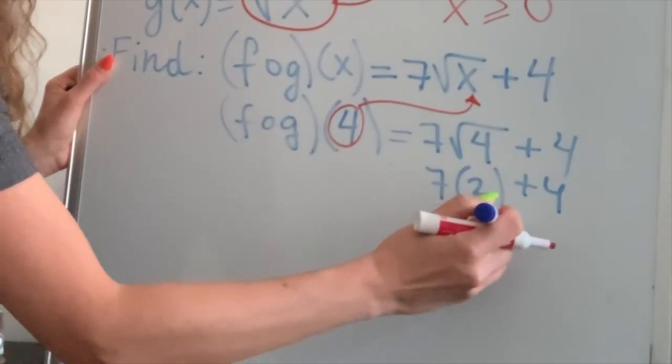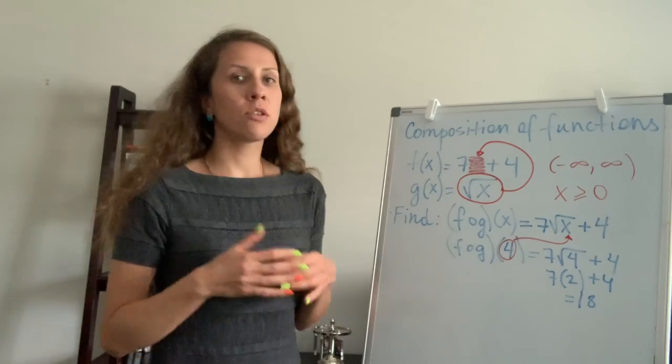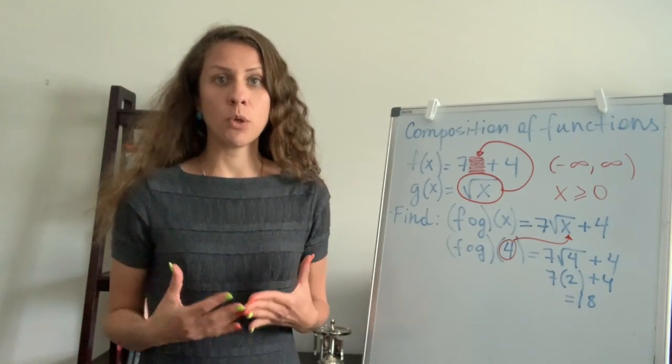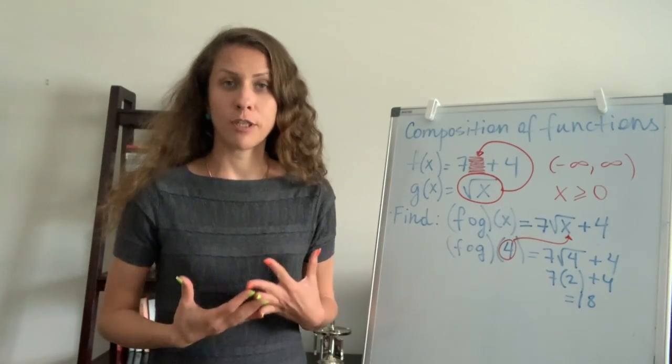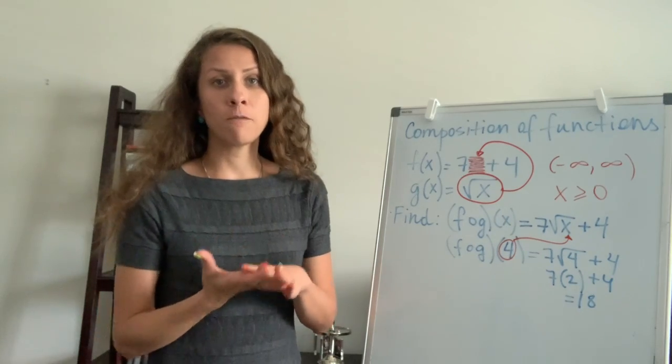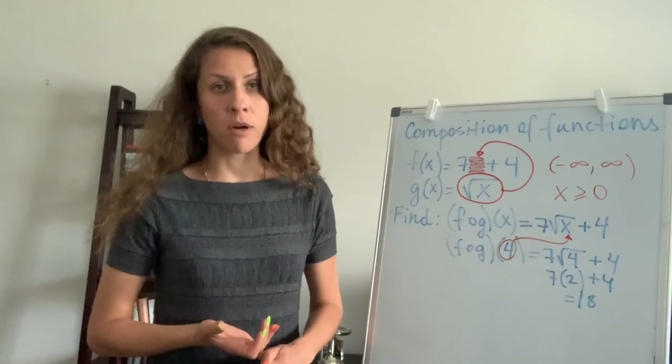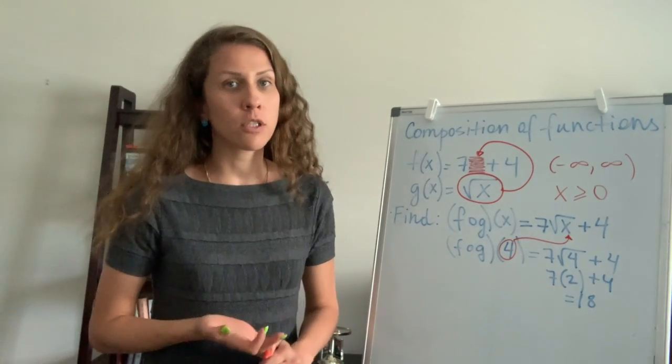So the domain, remember, is the restrictions that you place on the variable inside of your function. And normally the functions that do have restrictions are fractions, which means rational functions, and square root functions.